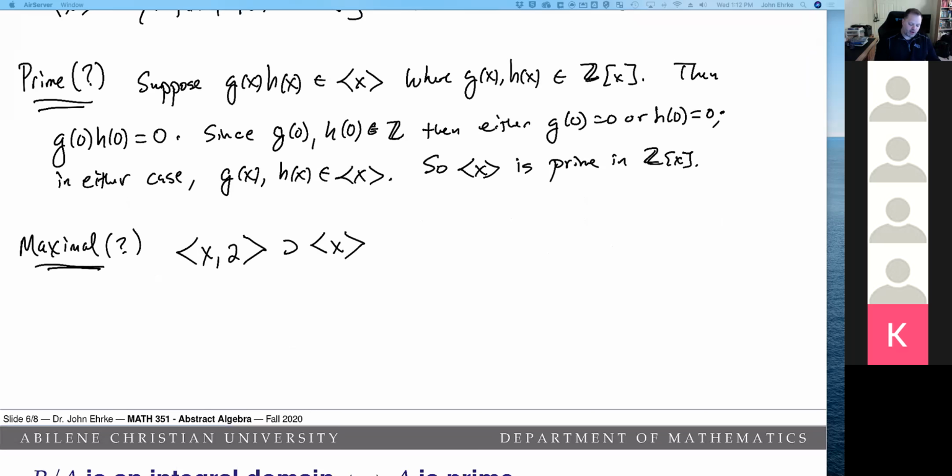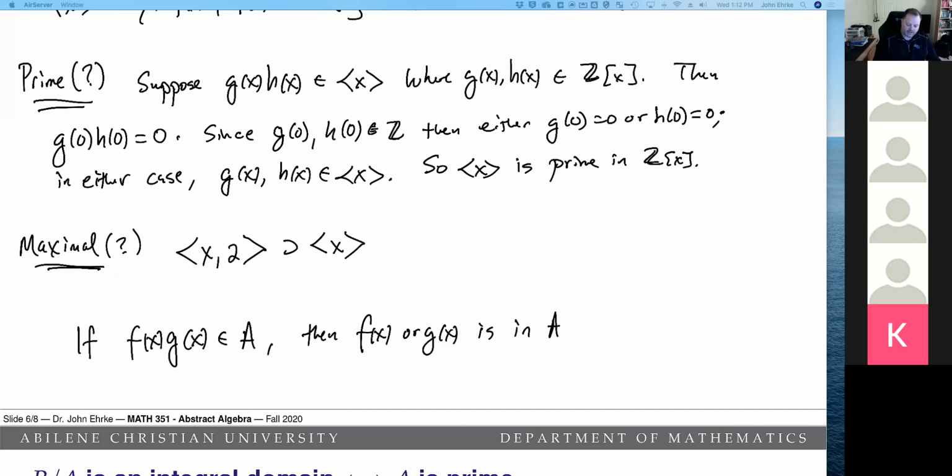The definition of prime is: if f(x) times g(x) is in the ideal, then f(x) or g(x) is in the ideal.